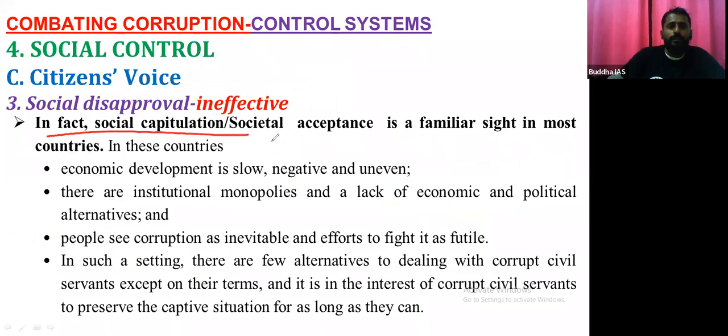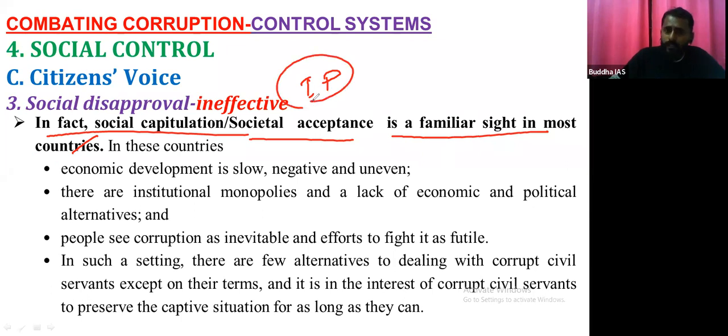In fact, social capitulation or societal acceptance is a familiar sight in most countries, especially India. See, for example, I have come across many IAS and IPS officers of doubtful integrity who are very popular. Many students, many youths, take these people as icons.